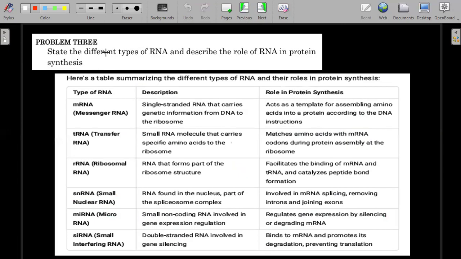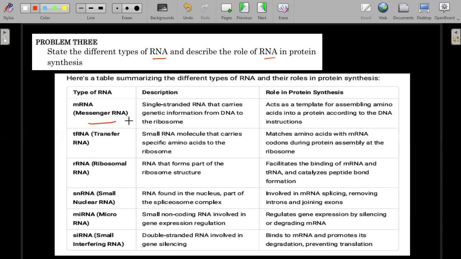Question 3 says: state the different types of RNA and describe the role of RNA in protein synthesis. I've drawn a table with the different types of RNA and their role in protein synthesis. The first type is mRNA, or messenger RNA.